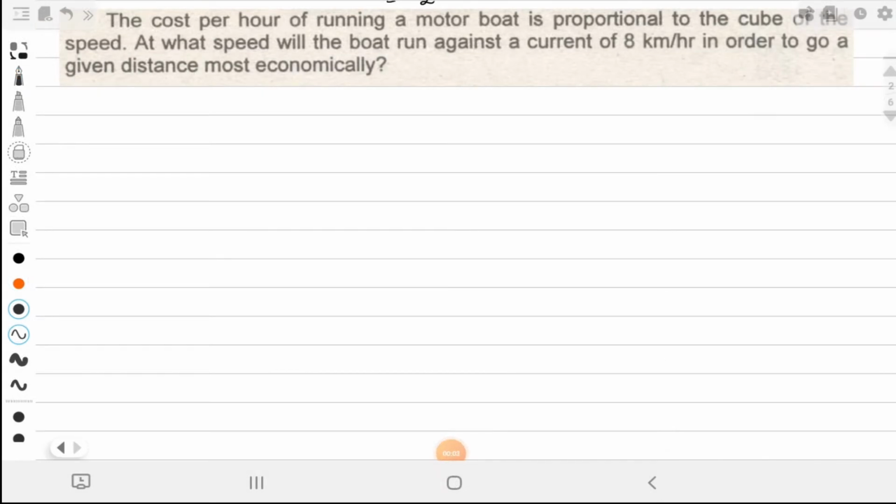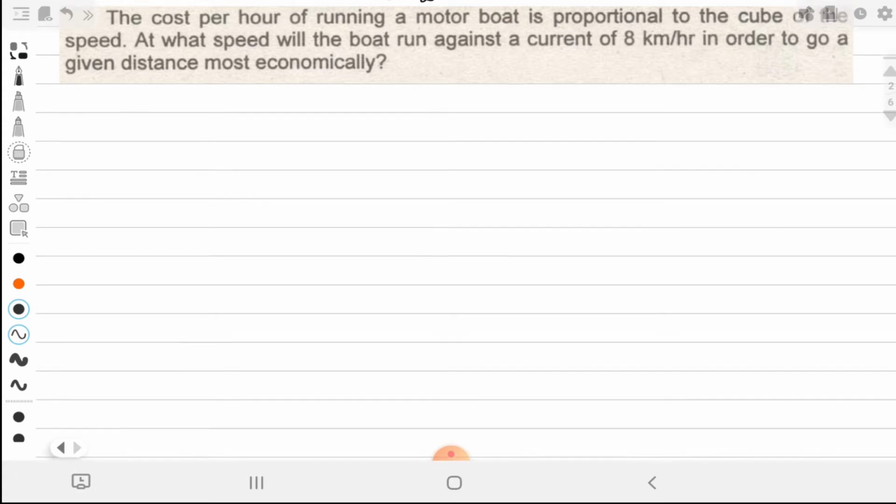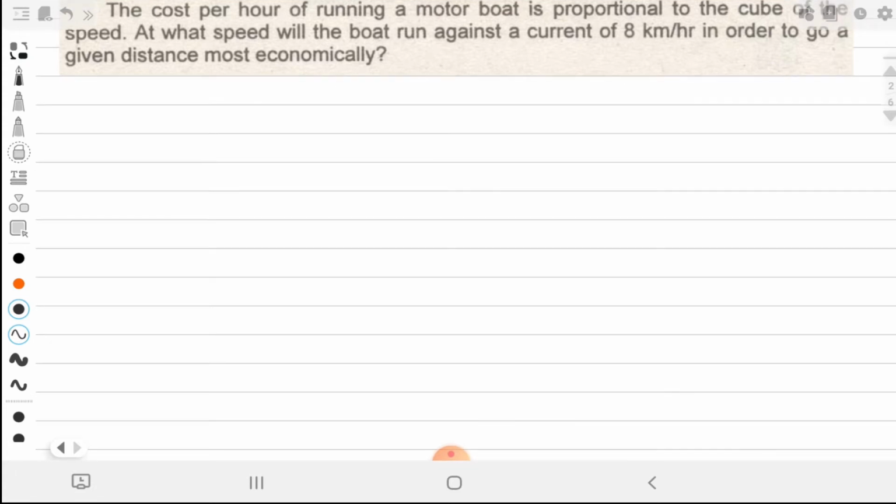Okay. So let's have this problem. The cost per hour of a running motorboat is proportional to the cube of the speed. At what speed will the boat run against a current of 8 km per hour in order to go a given distance most economically? Okay, first, we would focus our objective on the cost per hour of our motor.